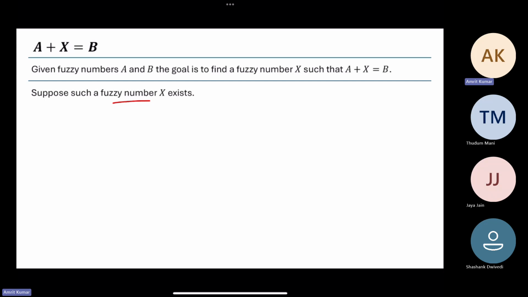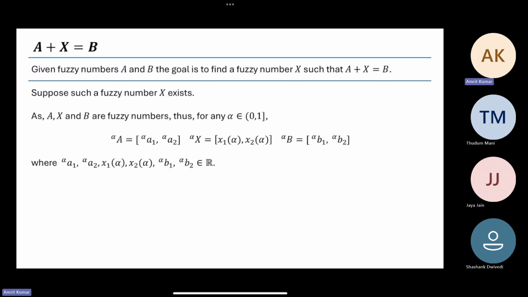Then what can we say about this fuzzy number x? Firstly, since a, x, and b are fuzzy numbers, for any alpha greater than 0, its alpha cut can be written as a closed and bounded interval. That's what the definition of fuzzy number says. So for any alpha, suppose the alpha cut of A looks like this.